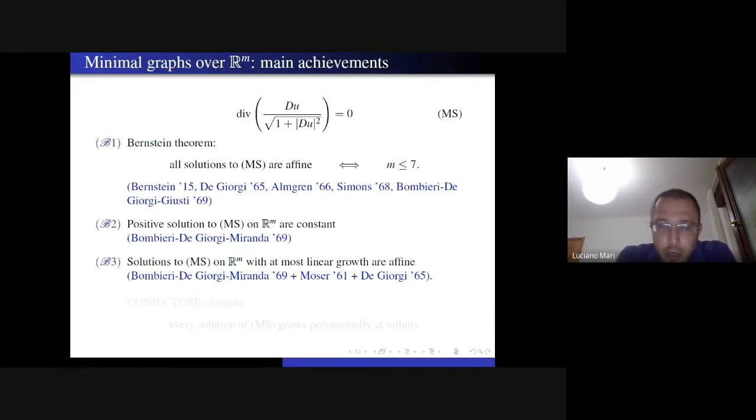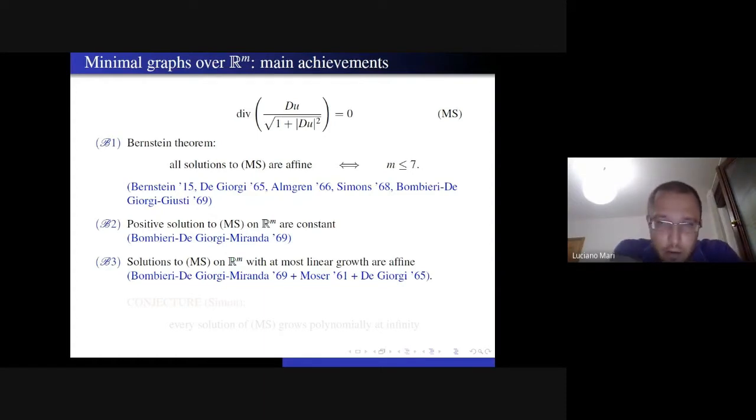This has been a long journey, starting from Sergei Bernstein in 1915, a beautiful, very non-trivial proof for dimension 2. Fleming gave the first proof in dimension 2 that allowed for extension to higher dimensions in the early 60s, and since then, in a few years, with works of De Giorgi and Simons, the Bernstein theorem was proved up to dimension 7.